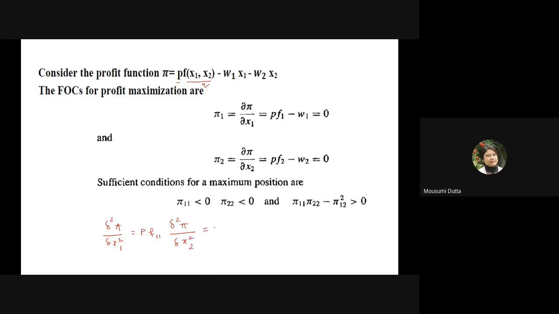What will be the expression for pi 2 2? P F22. And for pi 1 2? P F12. P F12 equals P F21. So is it clear?